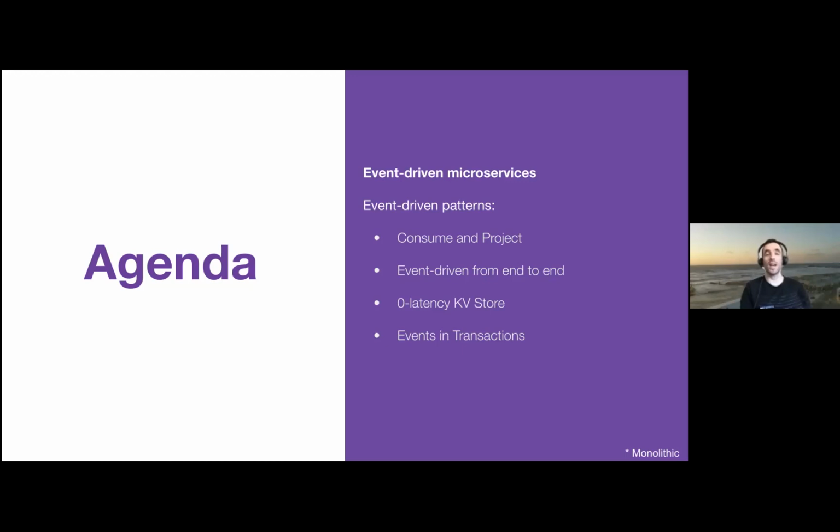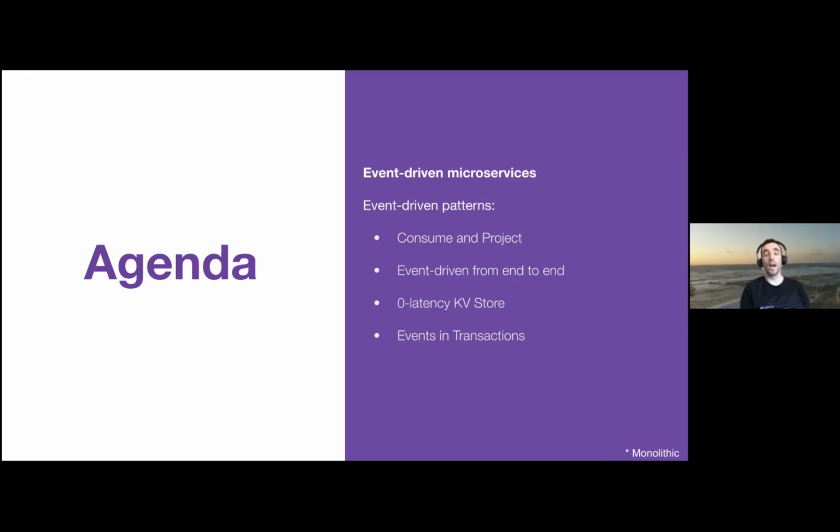So here we see how we can combine Apache Kafka and WebSockets in order to have a full event-driven flow from the browser all the way to all the cooperating microservices. Then we'll touch on the zero-latency key-value store pattern, where we can have storage that we can access in memory with zero latency on top of Kafka and Kafka events.